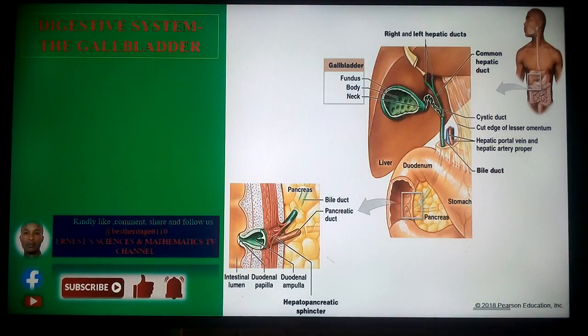I also mentioned that the coordination between the gallbladder and the pancreas ensures that secretions are released into the intestinal lumen, which assists in the process of digestion. Apart from storage of bile, this coordination ensures that digestion takes place successively.